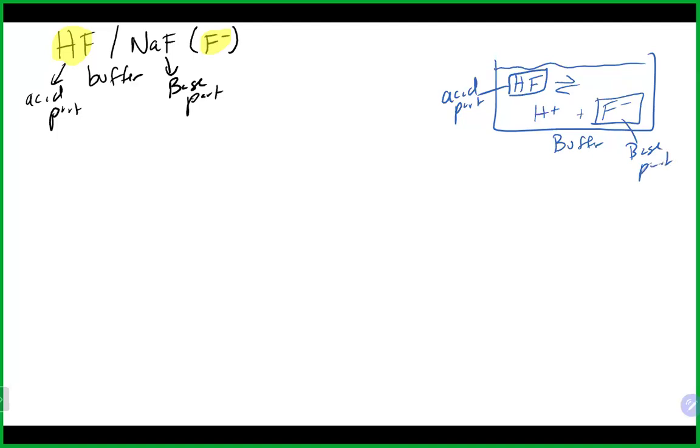So now in this case, when you take your HCl and you want to dump it into here, which again is a source of H plus and Cl minus, we are actually going to get a reaction that's going to occur. So when I take my HCl and I dump it into my buffer here, will my hydrochloric acid react with the acid part of the buffer or the base part of the buffer?